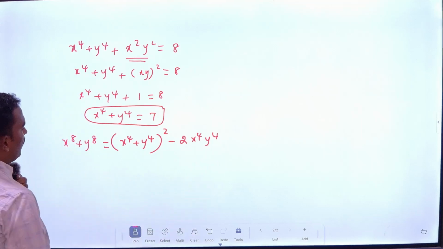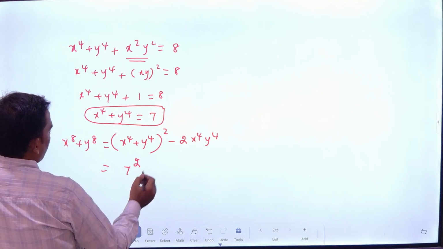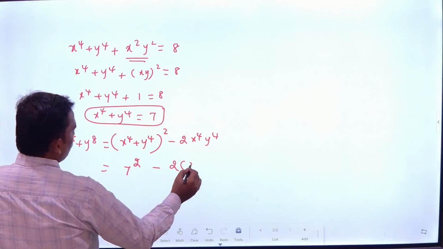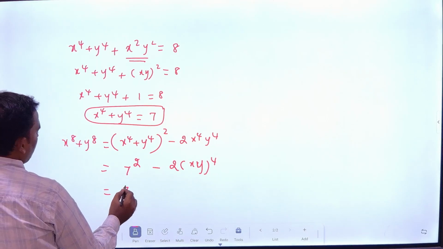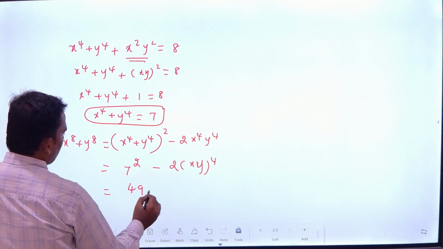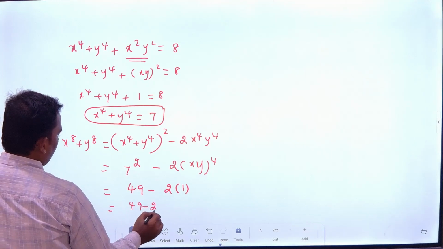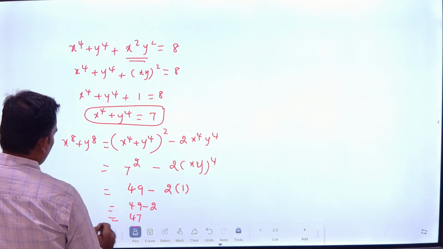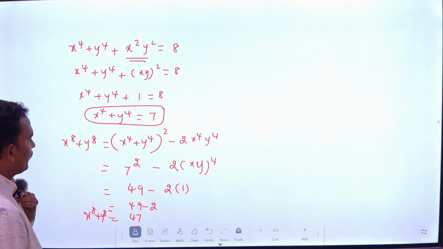Clear? Now x power 4 plus y power 4 is 7, so 7 square minus 2 into xy whole power 4 we can write. 7 square is 49, 49 minus 2 into 1, so 47. x power 8 plus y power 8 will be 47.